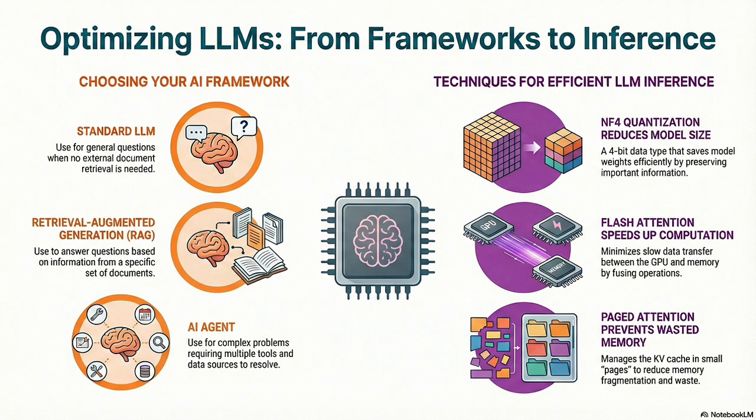The idea of flash attention is to minimize the needed I/O between the GPU and memory, because when we compute something like Q times K, we need to send both Q and K from memory to the GPU, and when we get a result, we need to send it back to memory.